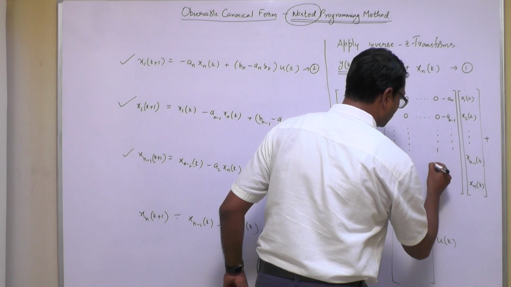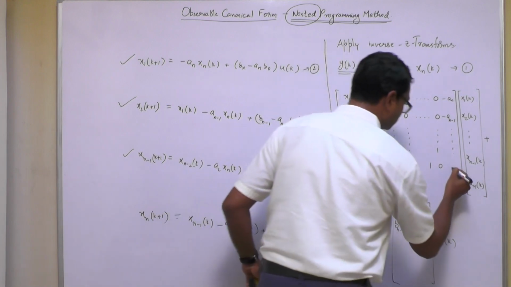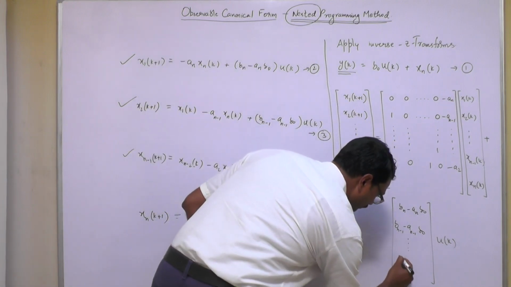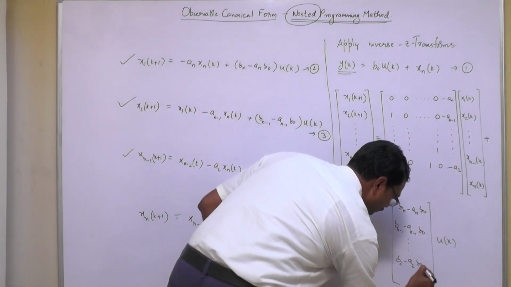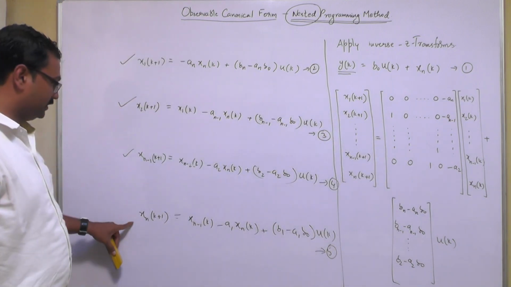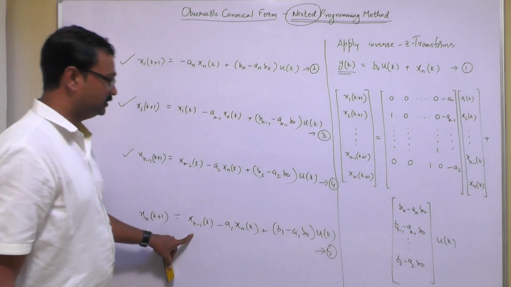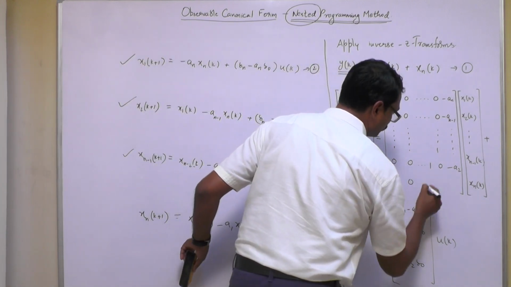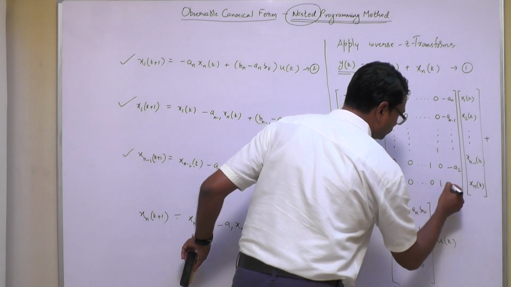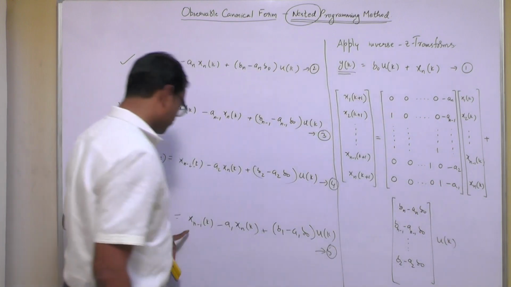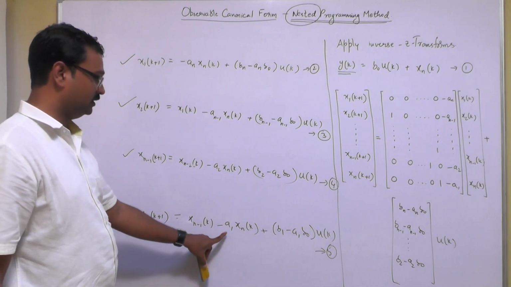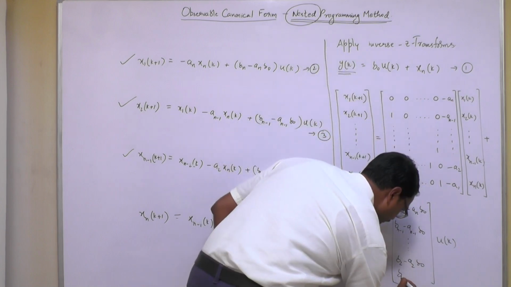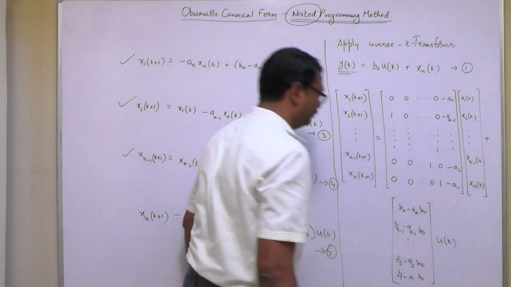You have 1 here, and minus a2 xn minus 2 plus b2 minus a2 b naught uk. And this is the last equation, therefore 0 0 0 1 minus a1, xn minus 1 is 1, and the coefficient of xnk is minus a1, and therefore you have here b1 minus a1 b naught.